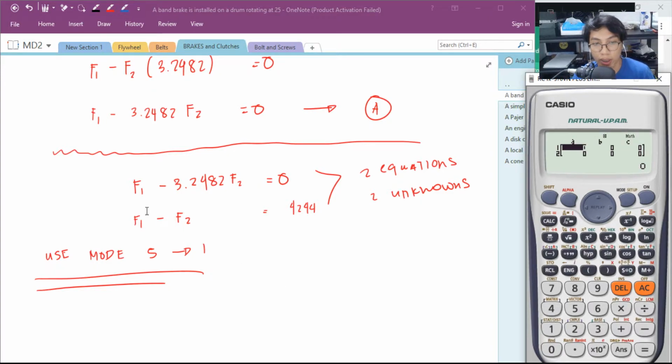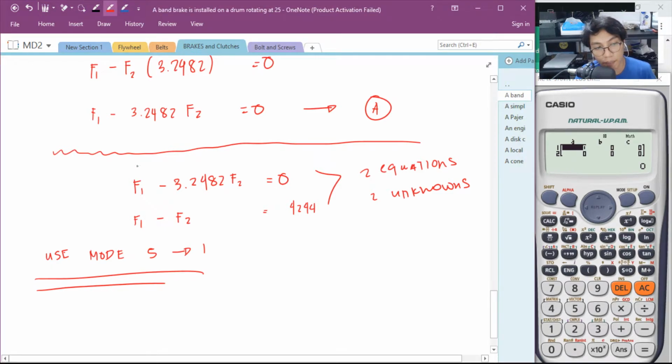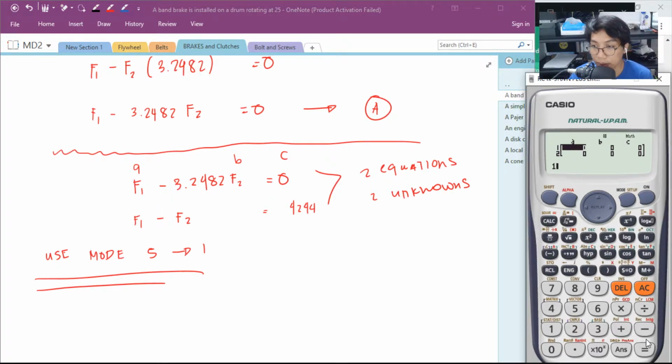Okay. This is yung A. This is B. This is C. So A mo muna. Dito sa taas. You have 1. Copy mo yung unit nito. Yung kanyang operation. Negative 3.2482. Yung C, 0 as is. Sa baba, 1. Negative 1. 4244. Now, you press equal.